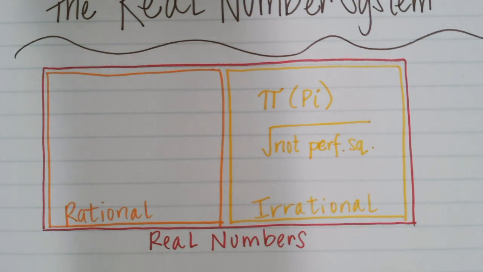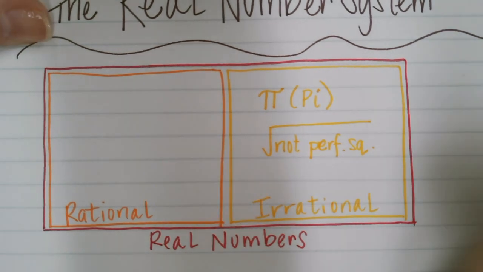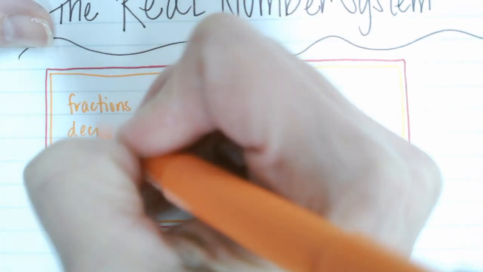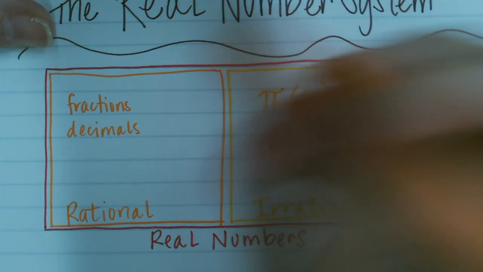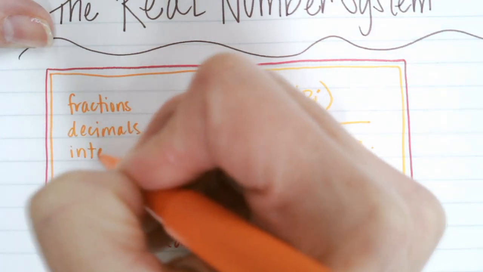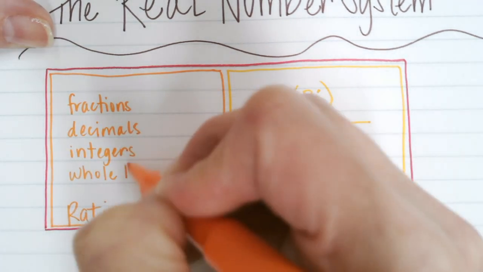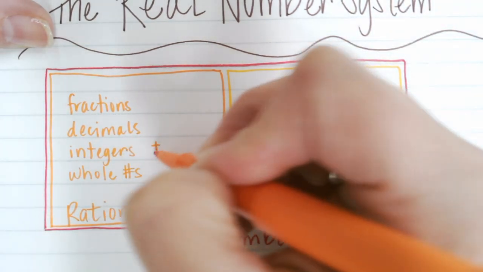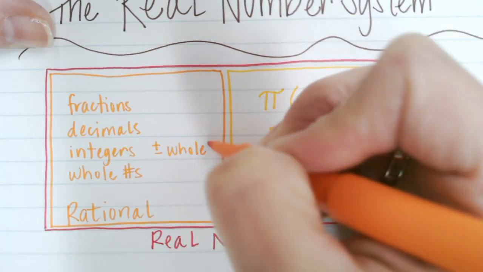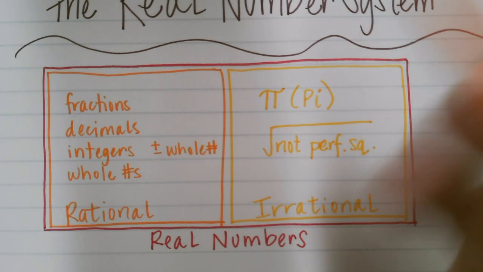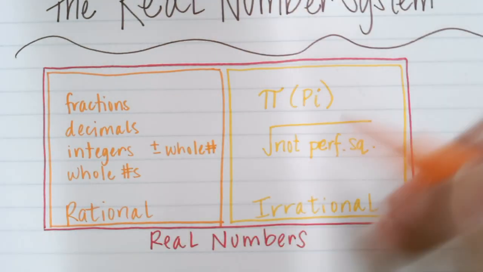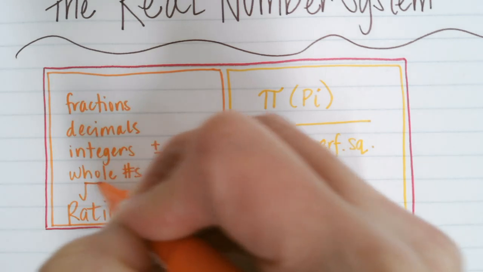Okay? So, over here in the rational part, we have our fractions, decimals, we have our integers, which are the positive and negative whole numbers. And then the other thing that we have are, let's see, I didn't leave a lot of good space.